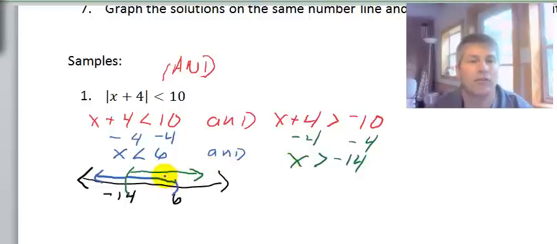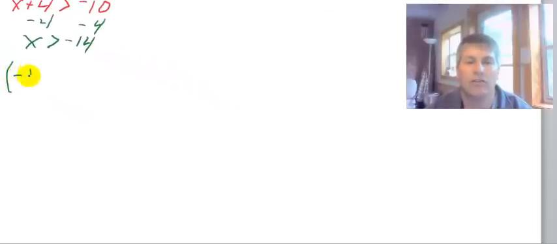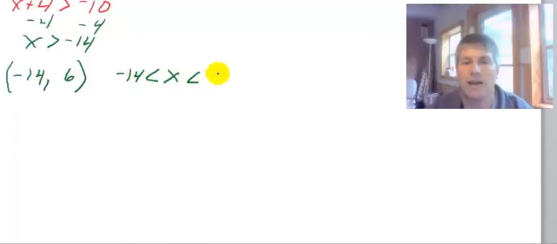The values that are greater than negative 14 and less than 6, all those values in between, are our final solution. In interval notation, our solution is that. And our algebraic solution would be that x is greater than negative 14 and x is less than 6. You can only do this for ands, not for ors.